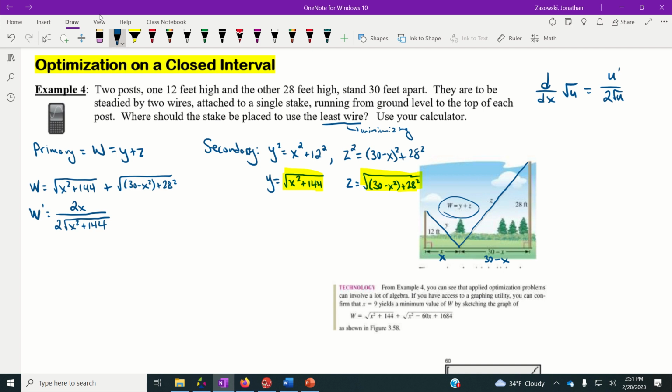All right, and then likewise, the 2's are going to drop out, so I really just get x over the square root of x squared plus 144. And on this side, I get the same thing. So 2 times the square root on the bottom of 30 minus x, squared, plus 28 squared.